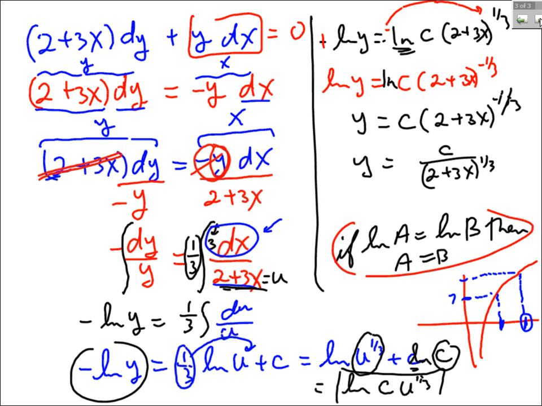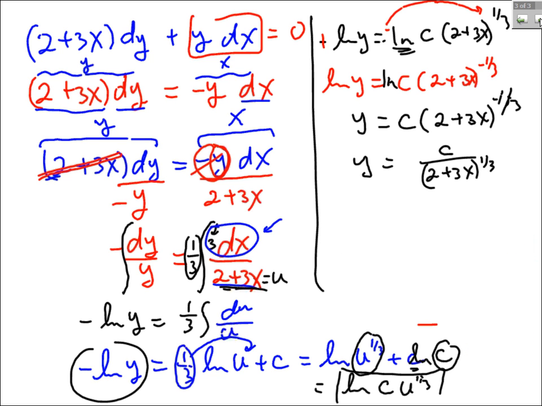Ln of that number equals that number, and ln of only this number. You can't take ln of two quantities and end up right here or right here. You have to take ln of that number right there to get that value. It's called a one-to-one function.